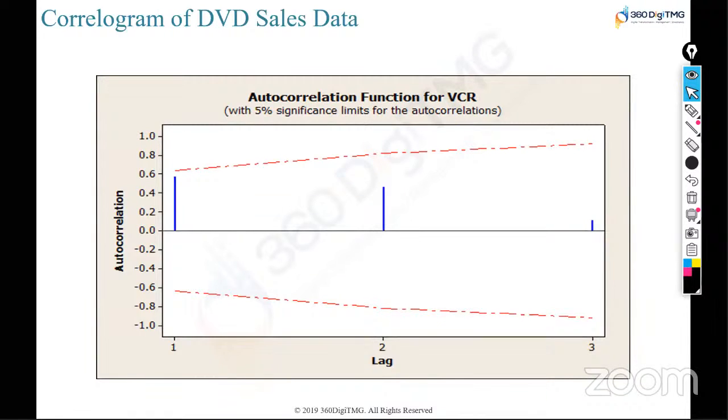Because the blue line has not gone beyond the red dotted line. Therefore, it is not possible. Why? I'll explain in a moment.